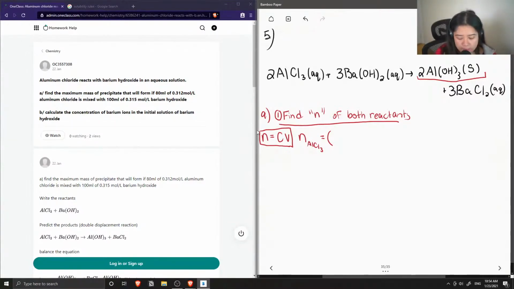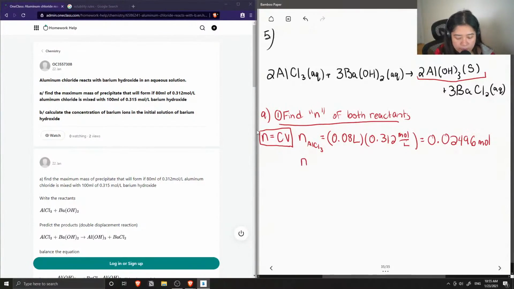So 80 milliliters is the same thing as 0.08 liters, and then we multiply by 0.312 moles per liter. So now we get a number of moles of 0.02496 moles of the aluminum chloride.